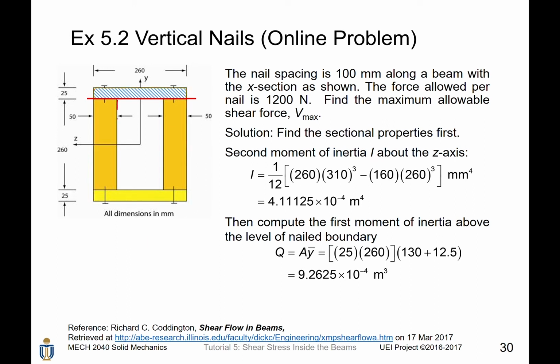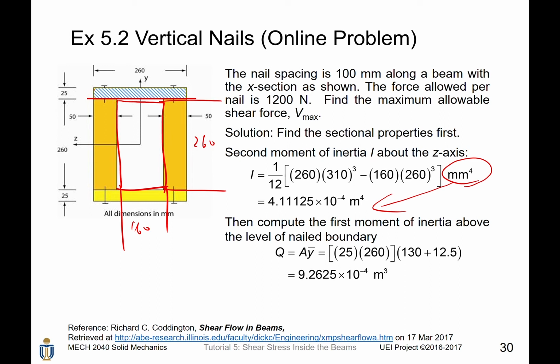For the inner rectangle, it has a width of 160 and a height of 260. Therefore, the moment of inertia of the inner rectangle is given by 160 times 260 to the power 3 divided by 12. After a series of computations as well as converting the unit from mm^4 to meter to the power 4, you will get the second moment of inertia I of this cross-section with respect to the z-axis, or the horizontal axis, which is 4.11125 times 10 to the power minus 4 meter to the power 4.